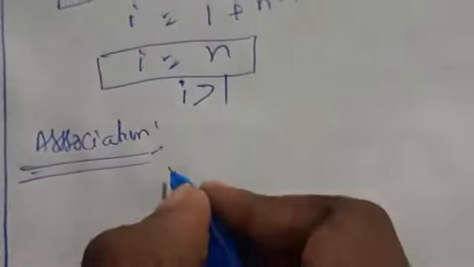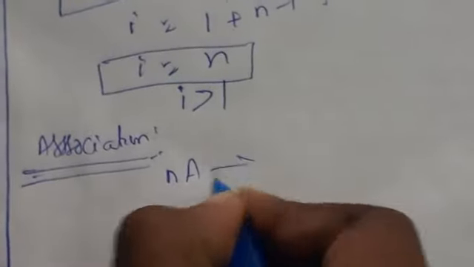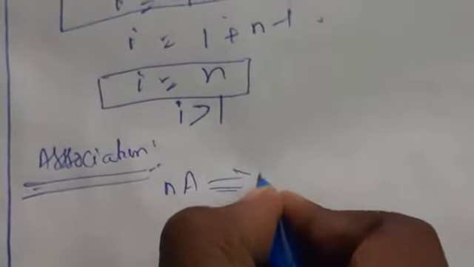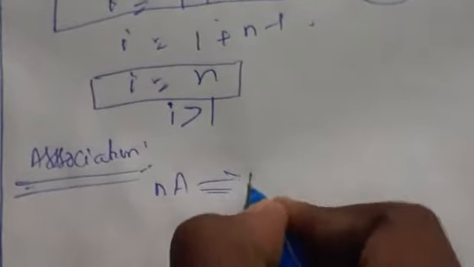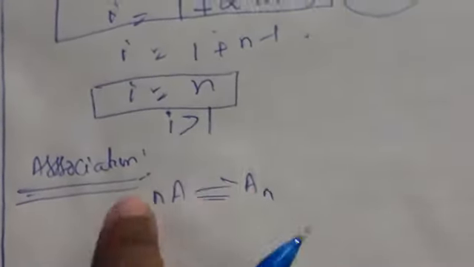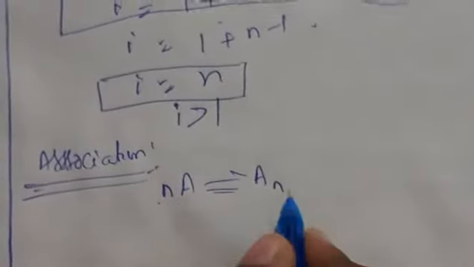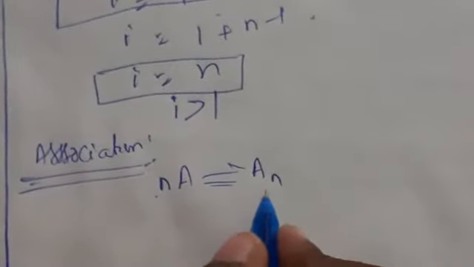Here we are taking acetic acid as the example. So let us see the condition. This is the dissociating molecule, and coming to the associating molecule, nA gives rise to An, meaning the number of moles is An.